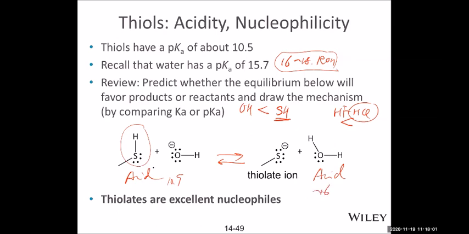So you can see the acid as a reactant is stronger than the acid as a product. Therefore, this equilibrium must lean toward the product. And that means a thiol compound can be deprotonated by the hydroxide ion.